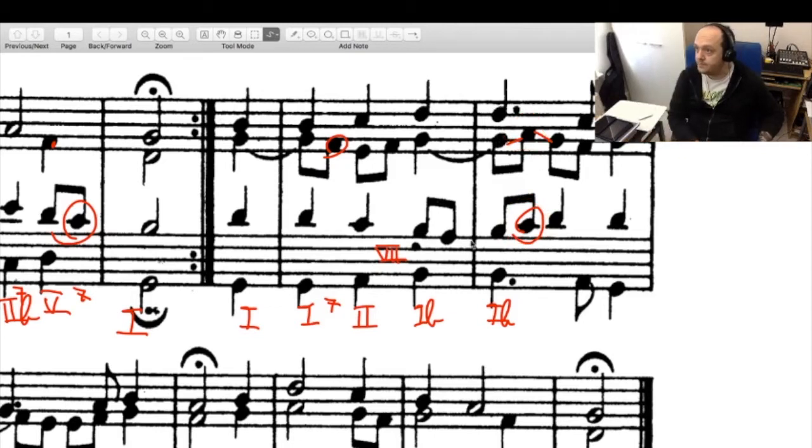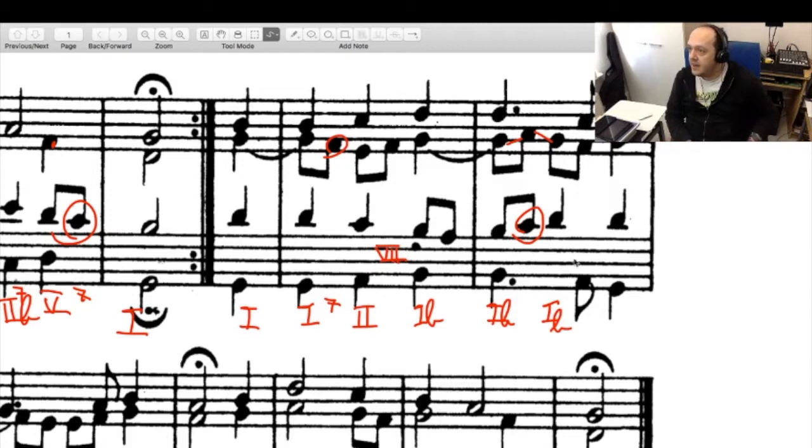That's all. So on beat 2, we go back to chord 1 again, 1 in first inversion, 1B, in first inversion again.